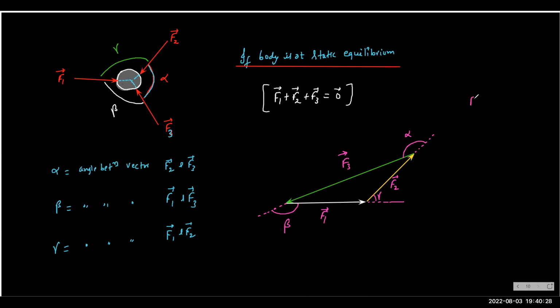So I can write F1 plus F2, taking cross on both sides with respect to F1. What it means is you write F1 cross the entire term on both sides, but on the right side you use 0 only.